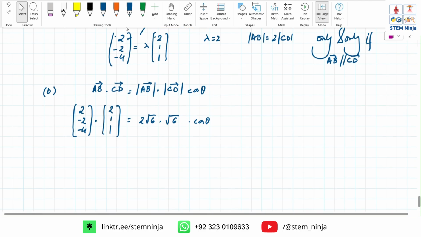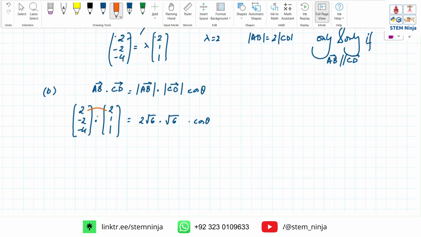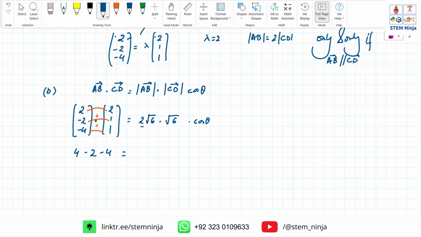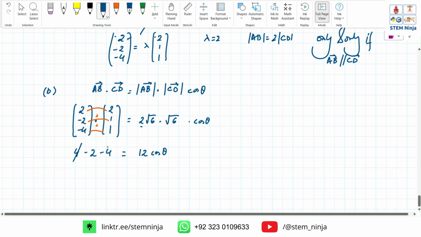So on the left side, it's component by component multiplication, and then addition. So 2 times 2, 4, minus 2 times 1, minus 2, and then minus 4. On the right hand side, 2 times 6 becomes 12 cos theta. So 4 minus 4 cancels, so minus 2 divided by 12.